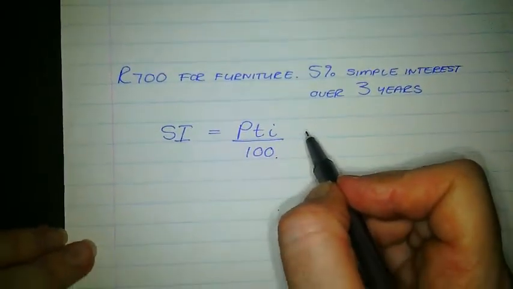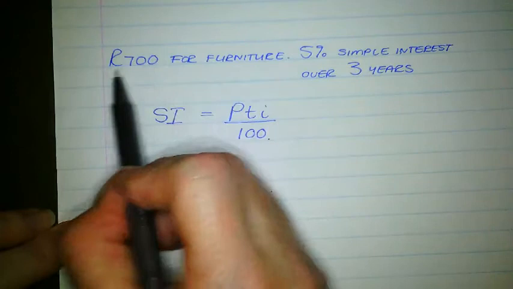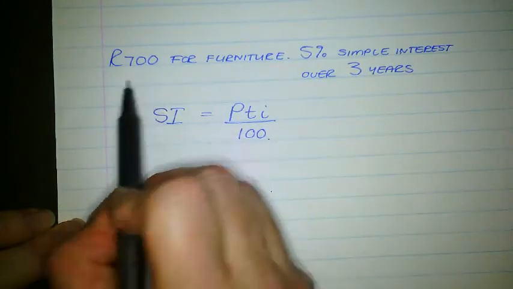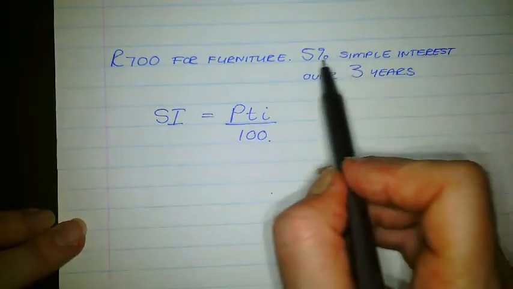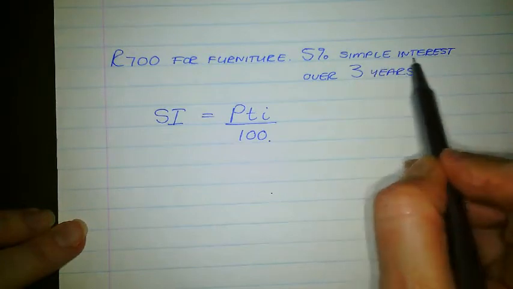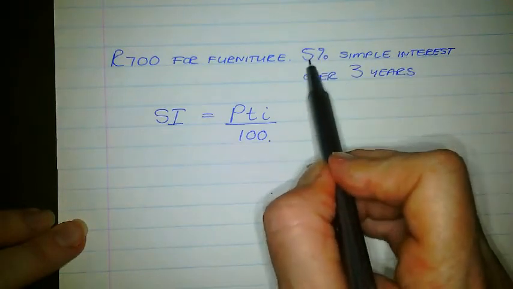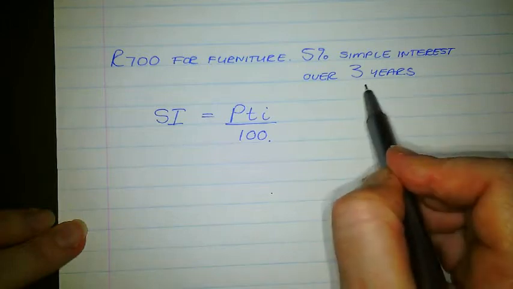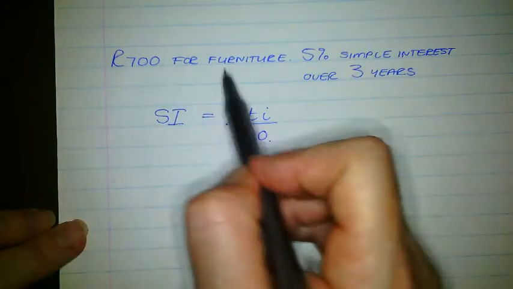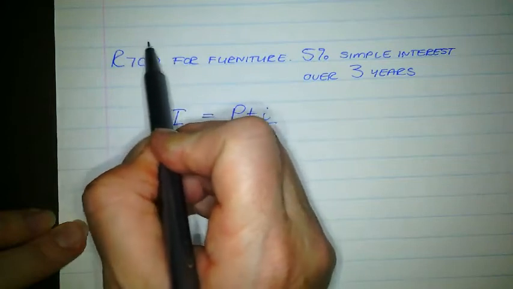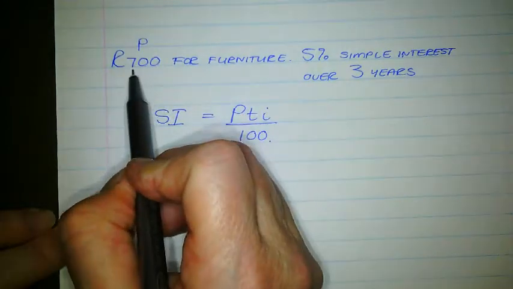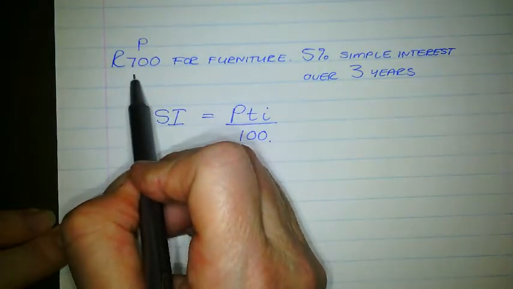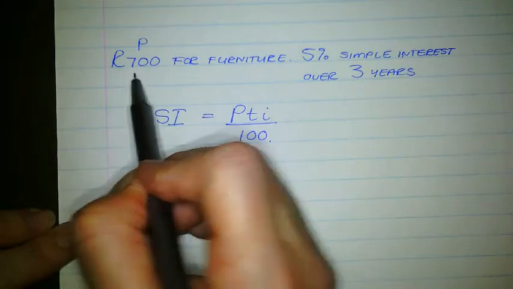In this case, they say that we bought furniture for 700 Rand. We're going to pay back simple interest of 5% over a duration of 3 years. Remember the principal amount is usually your biggest amount or your first amount, though in some cases it depends on the sentence.